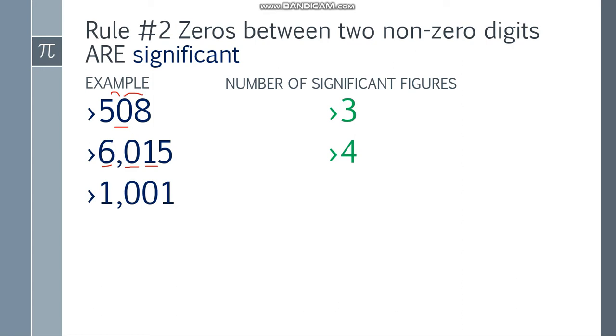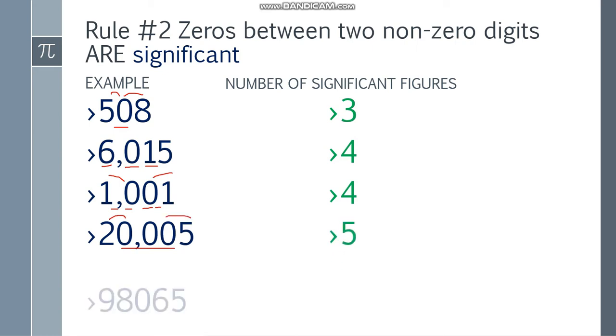Since the two zeros are in between, they are sandwiched by non-zero digits, so you will count them all: 1, 2, 3, 4. 20,005. The three zeros are sandwiched again by two non-zero digits, so that will be 5. And lastly, we have 98,065. The lone zero is sandwiched again, so 1, 2, 3, 4, 5. All of them are considered significant figures.